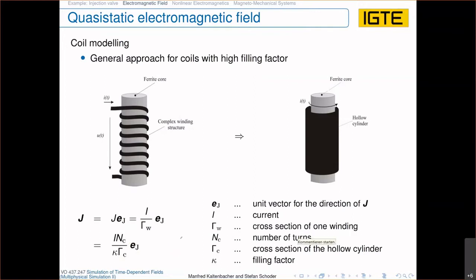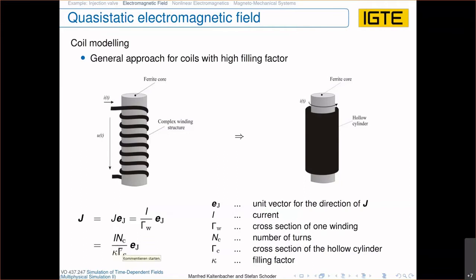NC is the number of turns, and in order to also take into account that you have a filling factor smaller than 1, for most coils you will have filling factors of 0.9 to 0.95, you also take this into account with kappa when you know it.